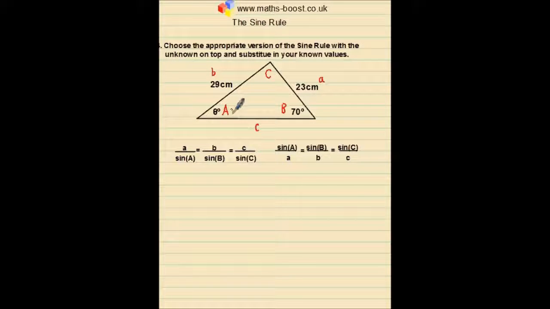The unknown is an angle and hence capital A, so I'll choose this version of the formula since the capital A is on top. I'm going to use my diagram to substitute the values into this formula.